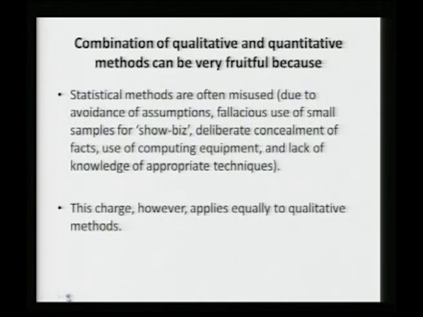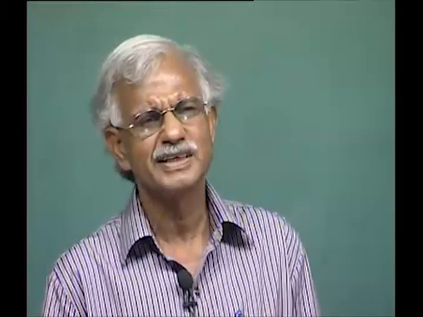However, this is a charge which does not apply to quantitative sociologists only. Qualitative sociologists can also make mistakes, cook up their data, and violate assumptions of the techniques that they are using.